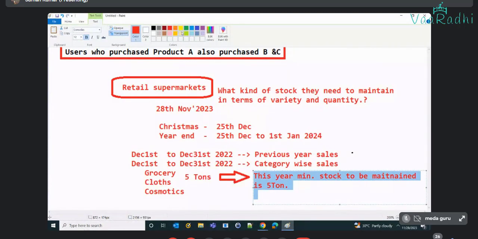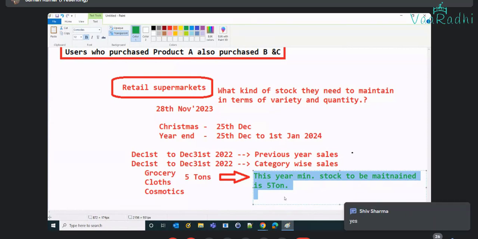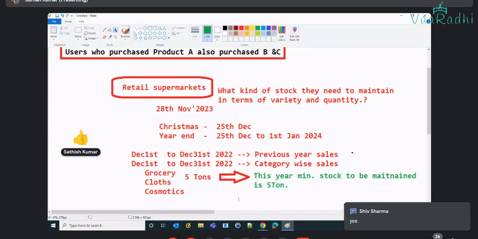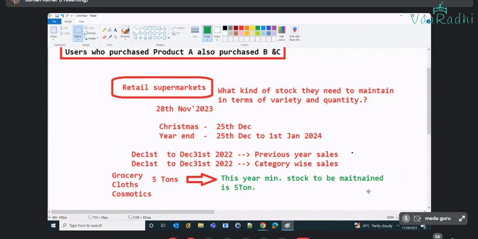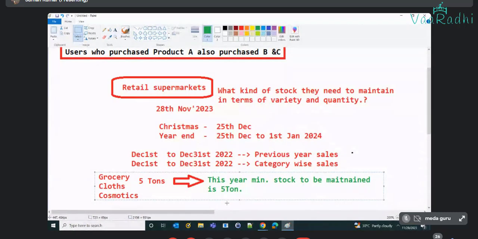Everyone, agree with me? Guys, with this historical data, the insight this retail supermarket guy is getting is that the minimum stock to be maintained this year is at least 5 tons. Agree with me, guys? I'm saying this is the insight from the historical data.